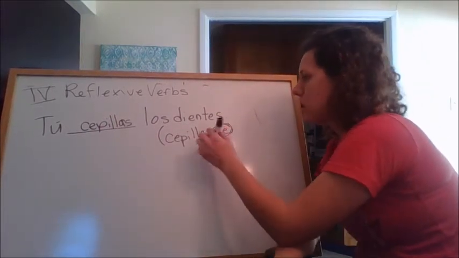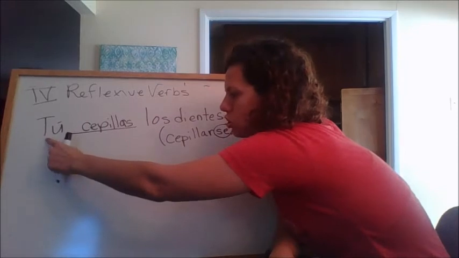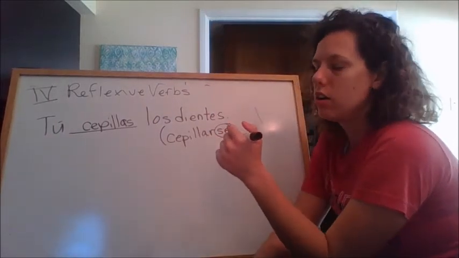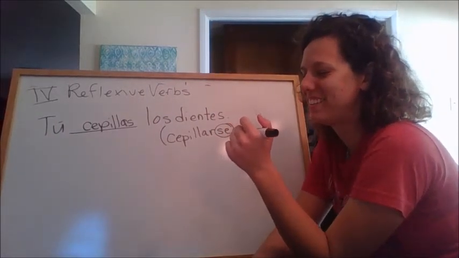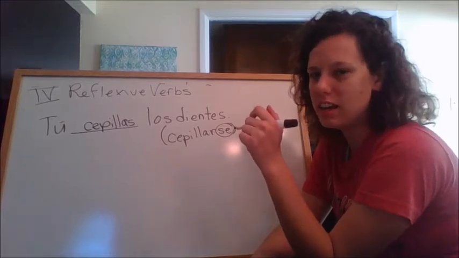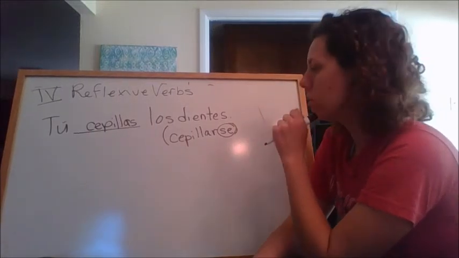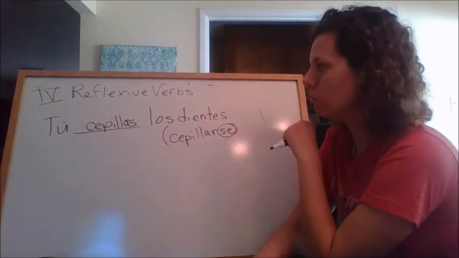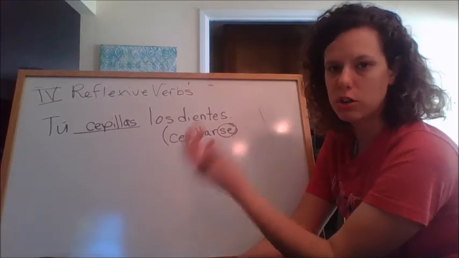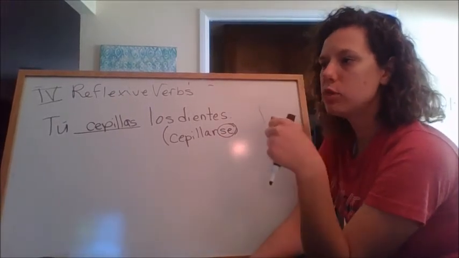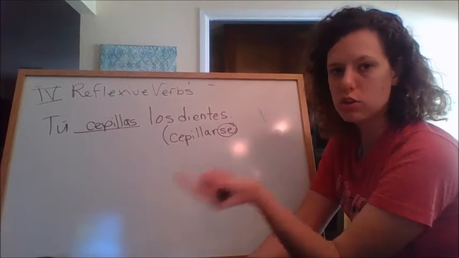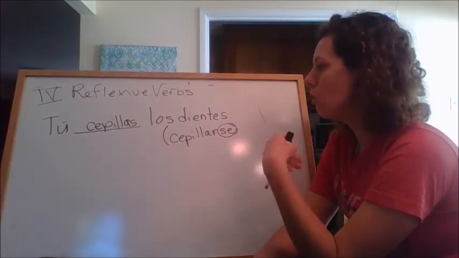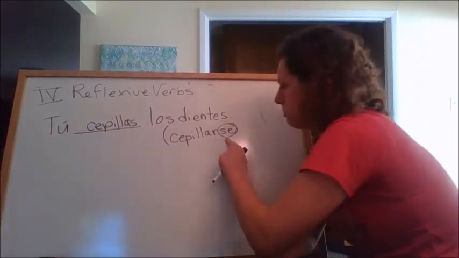Then I have to deal with this. Because my subject is tú, and when my verbs are reflexive, it generally means that the subject is also the doer of the action, and also the receiver of the action. So this has to match tú.